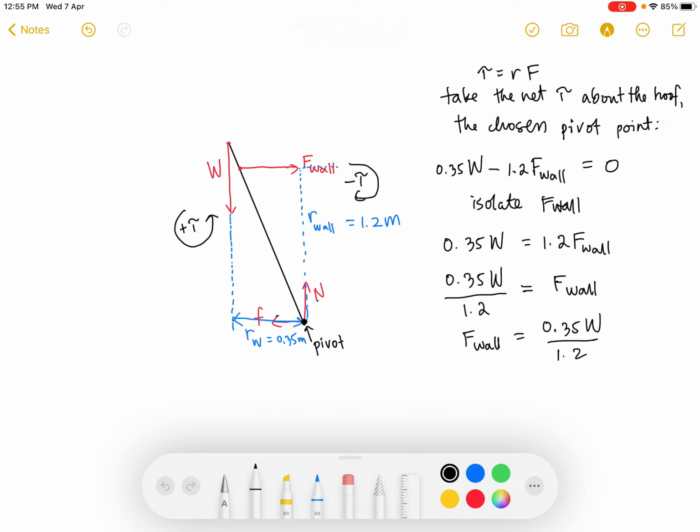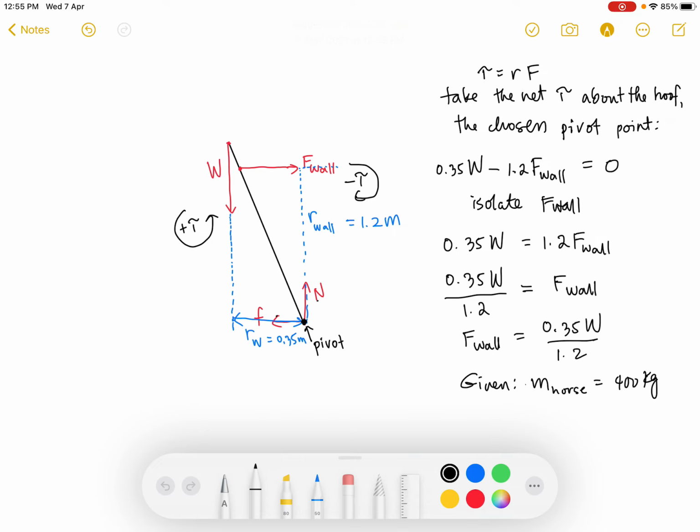W, the weight force, we can calculate because we're given that the mass of the horse is 400 kilograms.